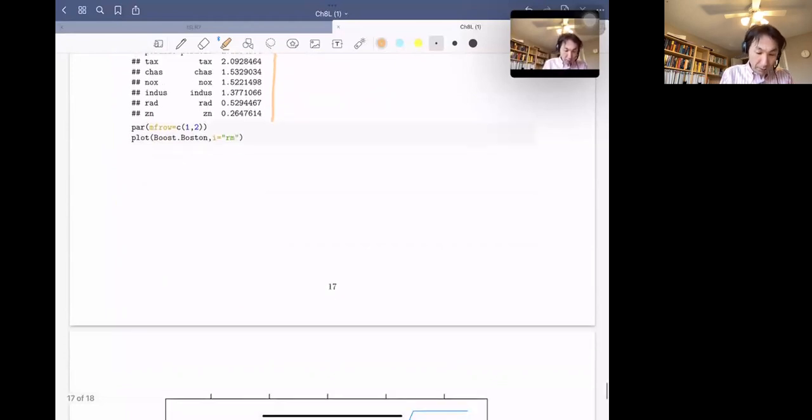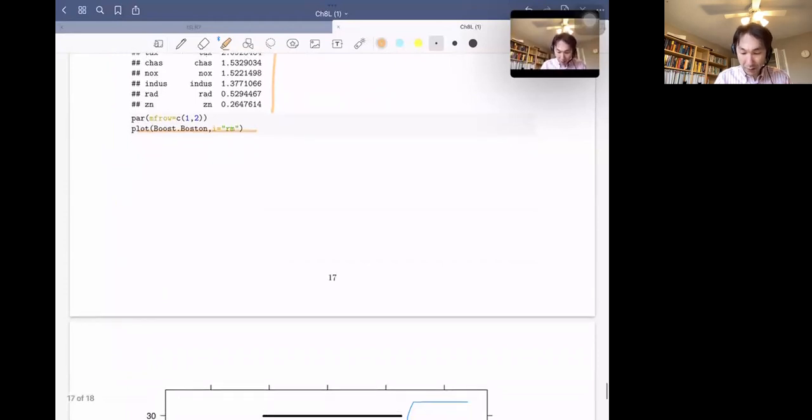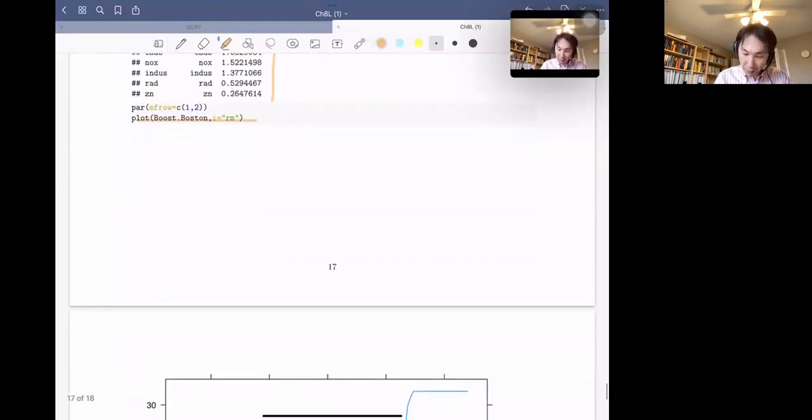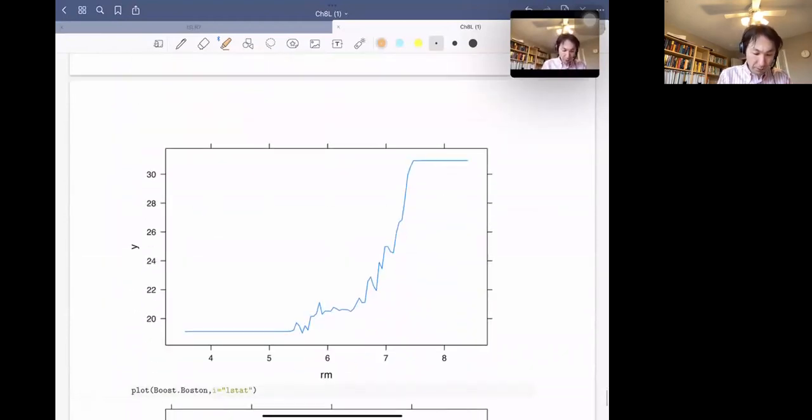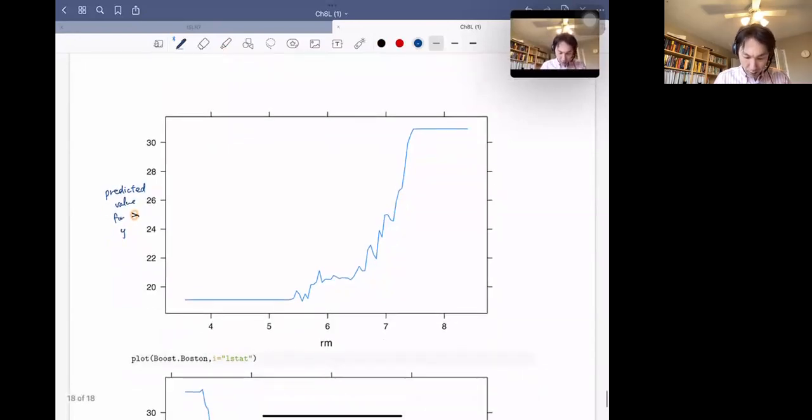And we can also see some kind of fitted plot, so that we see the predicted value, the fitted value for response Y by each predictor.